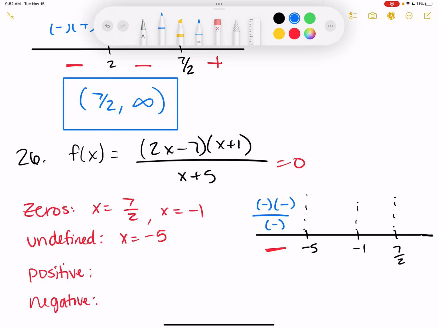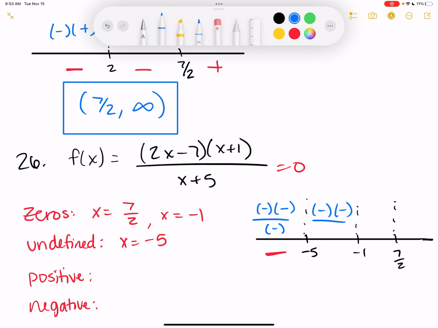Now you're right. In here, -3, split the difference. So -3, that's going to be a negative minus a negative, which is negative. -3 plus 1 is negative. -3 plus 5 is positive. So it's negative times negative over a positive, so positive.